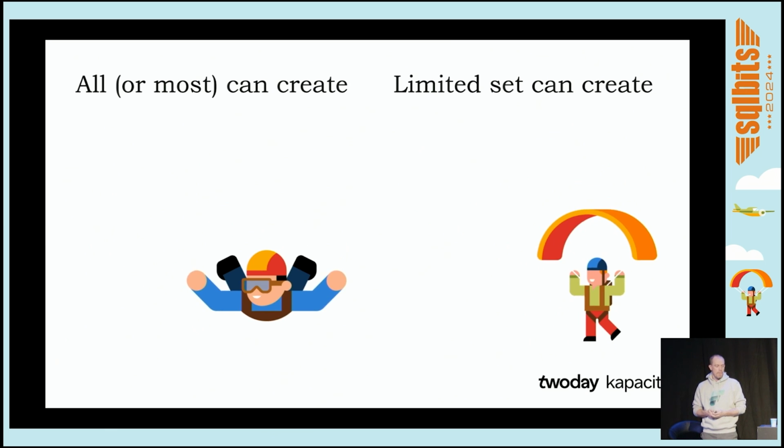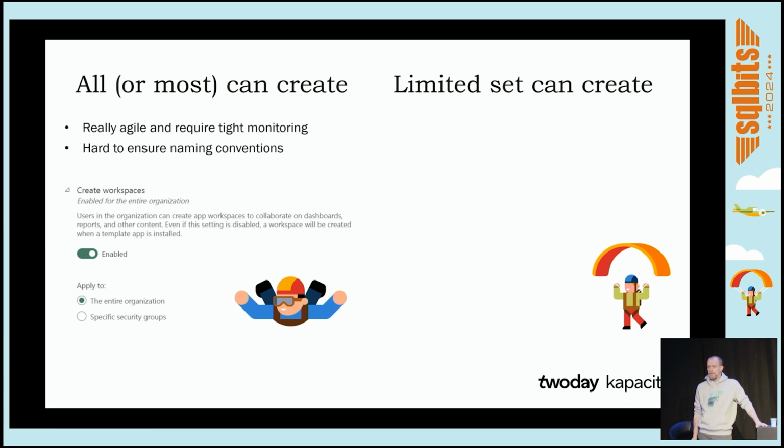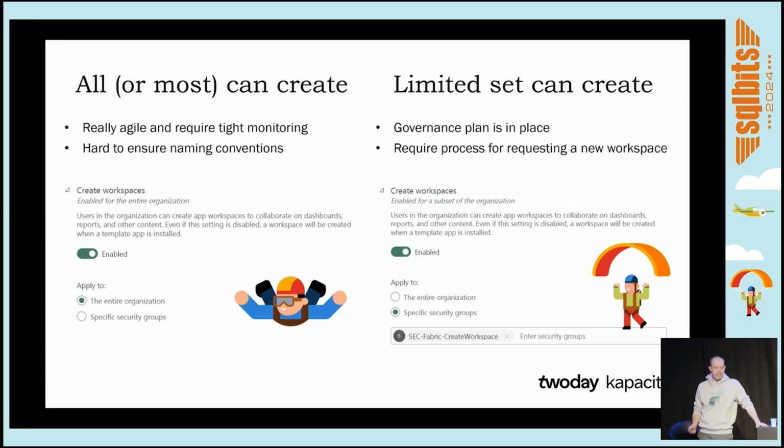In the Power BI tenant settings, we have these 2 options. Either we can set it on, so everyone can create them, or we can limit it, and that will be my favorite one, and say, okay, not all can create workspaces, but that then requires that we set up some type of process, because people can't just live without workspaces. They still need the workspaces, but how should you do that?